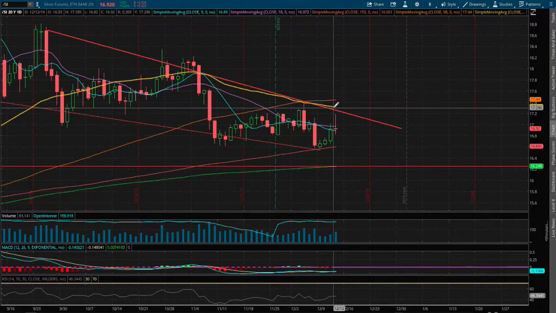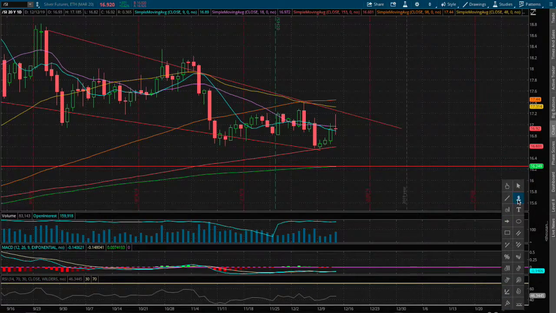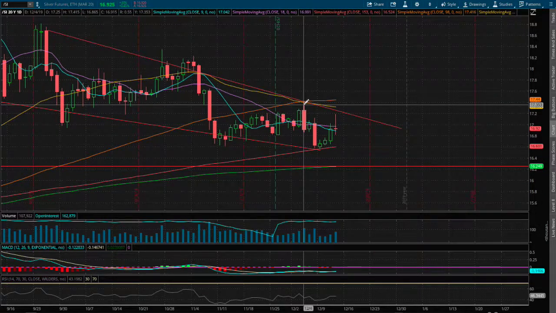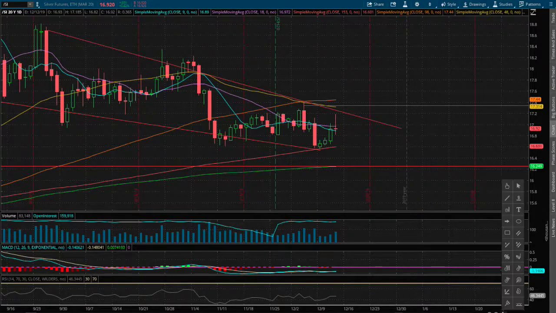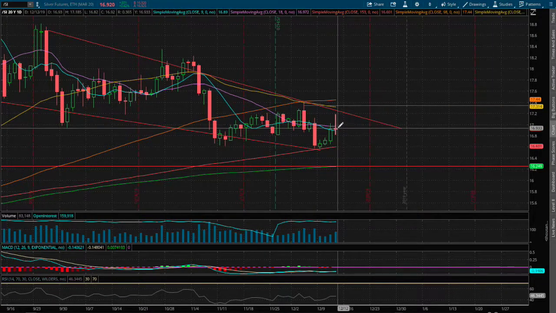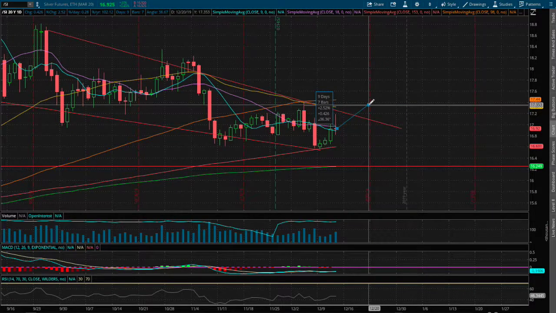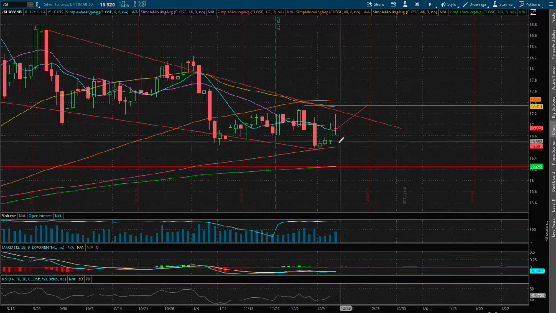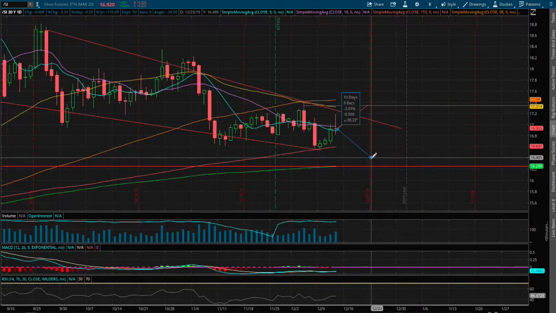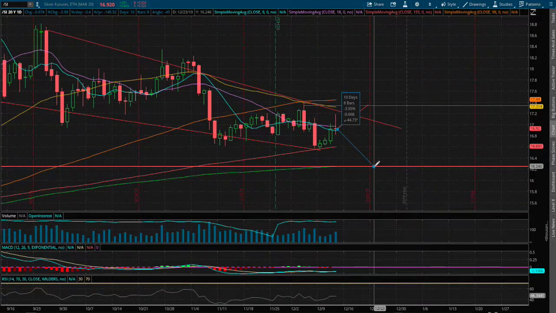So one could say that acts as our immediate resistance, which is around the price of $17.35. If we were to move higher, that is around 2.5% to the upside, and to touch the 200-day moving average, it is 4% down.